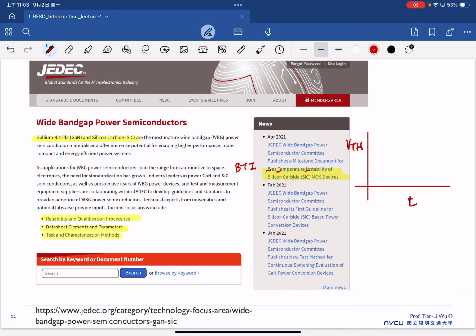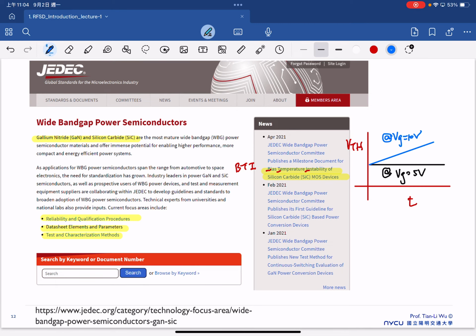In the previous slide, we mentioned that ideally the property of VTH can be stable with time. But this is probably at one specific bias, for example VG equal to 5 volts. However, if we increase the gate voltage, say VG at 10 volts, then we can start to see our threshold voltage increase.